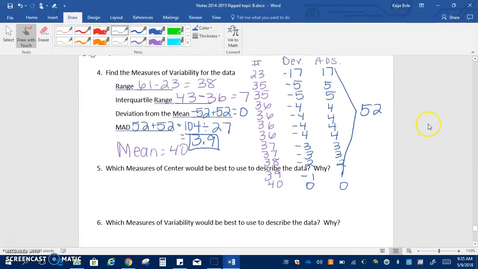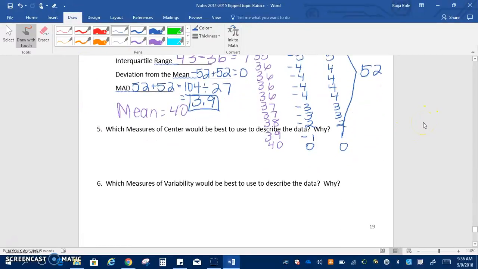Okay. Now these questions at the bottom. Number 5 says, which measure of center would be best to use to describe the data? Measure of center meaning mean, median, mode, all of them, because they were all the same.